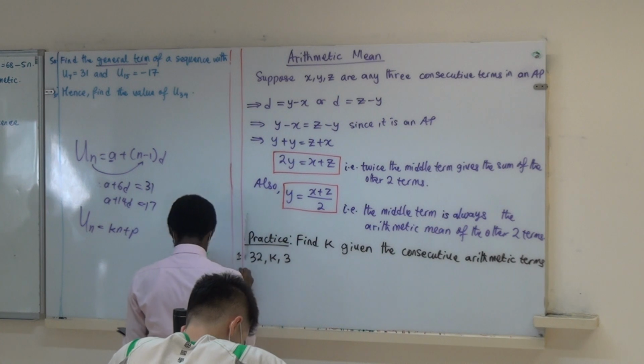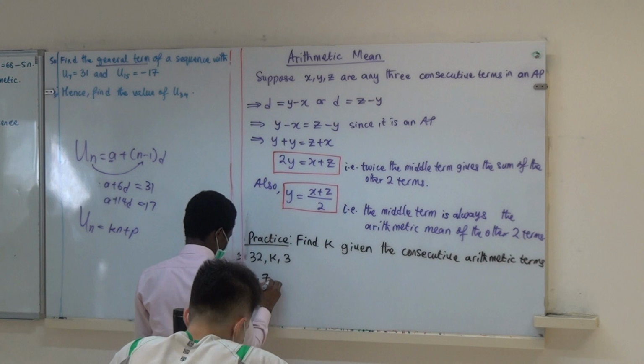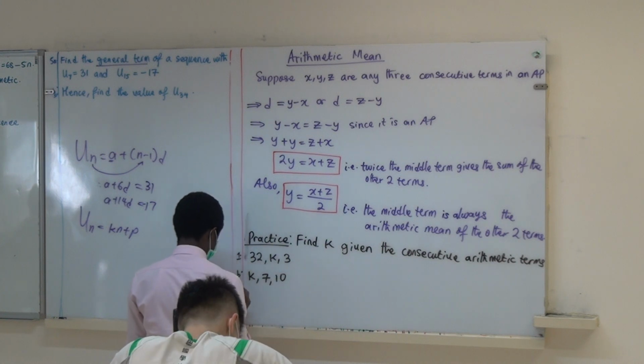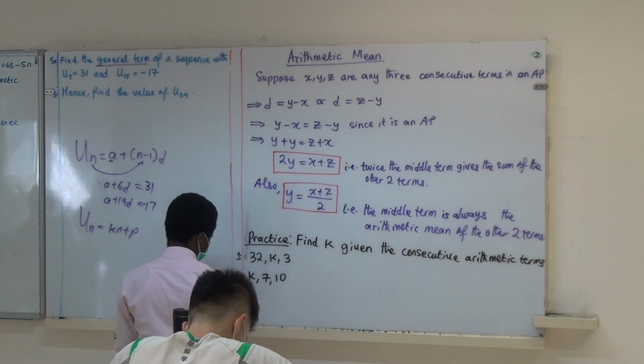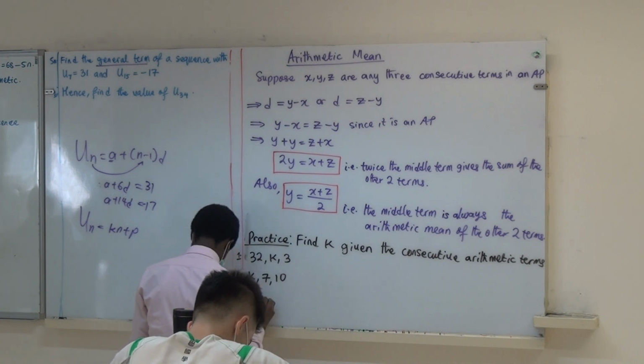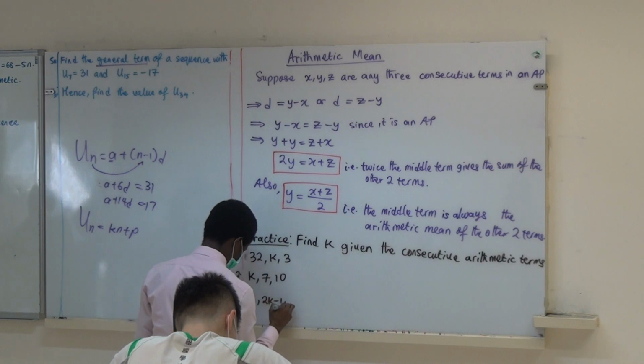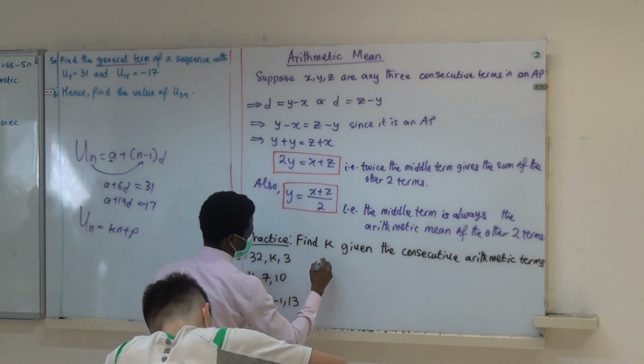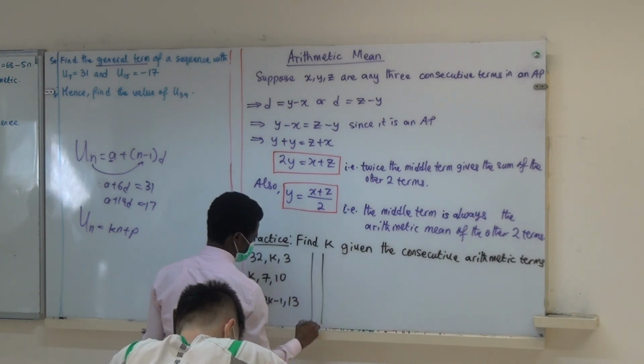32K3. That's really easy. That should be P6 work. Why is it in the IB textbook? Let's just K, 2K minus 1, 13. 4.